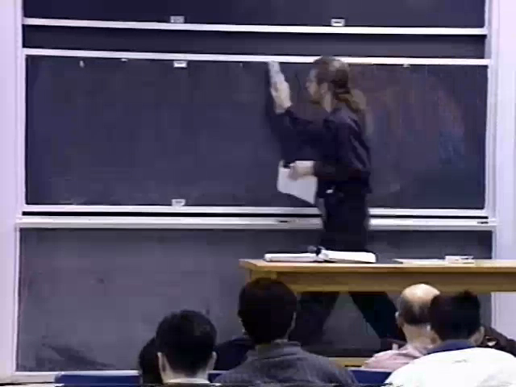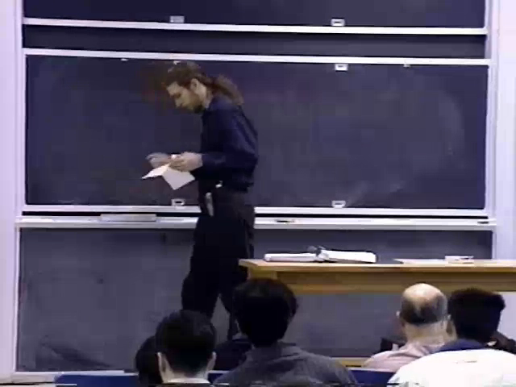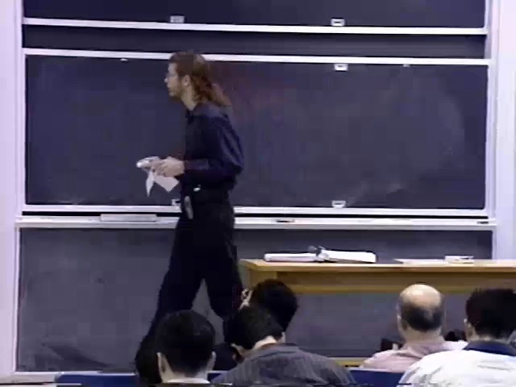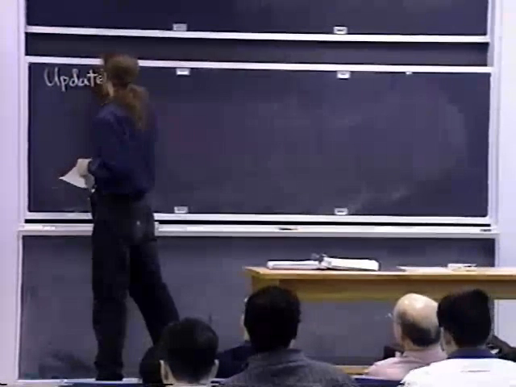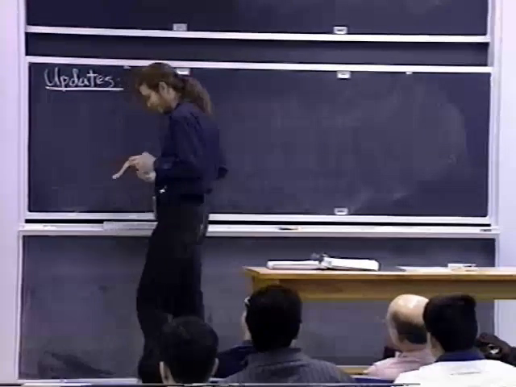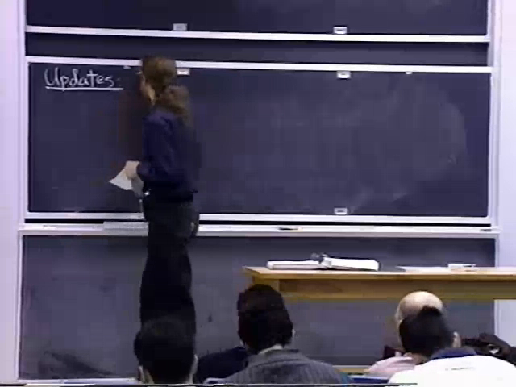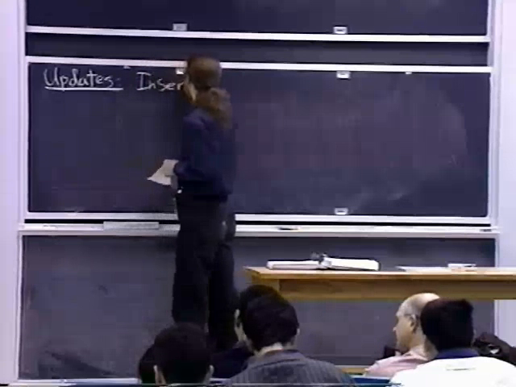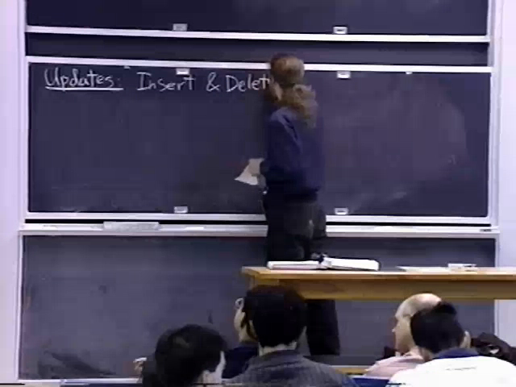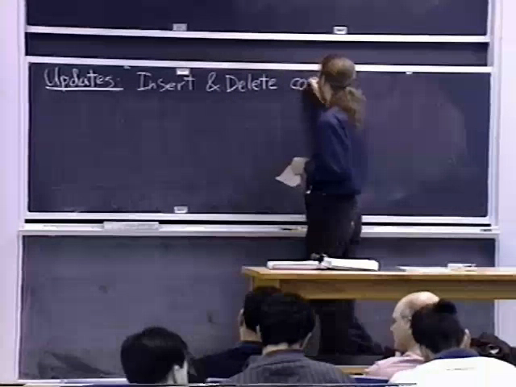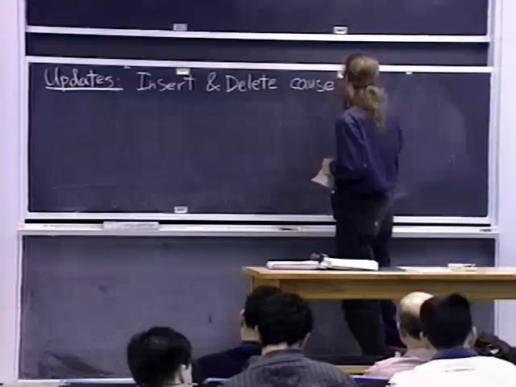And this is where the structure becomes somewhat intricate, but also very slick. Okay, we want to know how to do insertions and deletions. And they're going to have to make lots of changes to the trees.